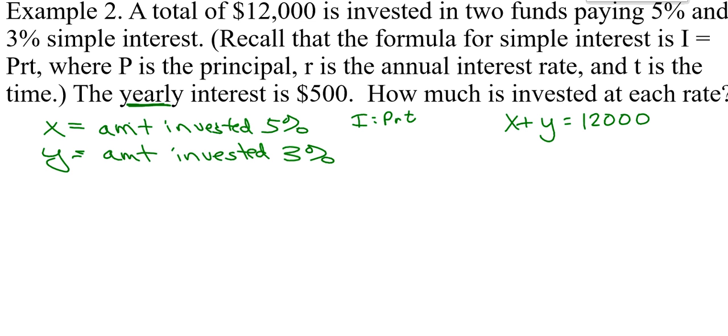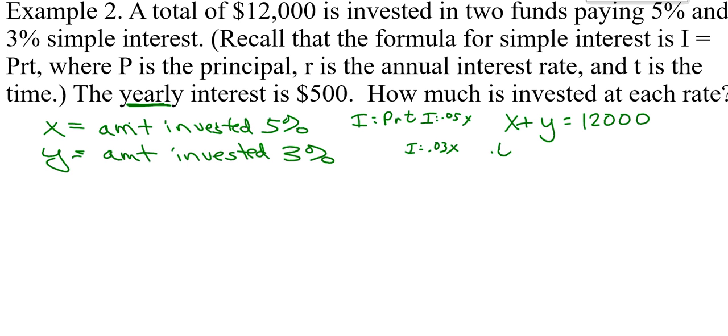As a decimal, 0.05. And so if I wanted to know the interest on this money, I would take X times 0.05. Do you agree with that? And if I wanted to know the interest on the other money, what would it be? Y times 0.03, right?